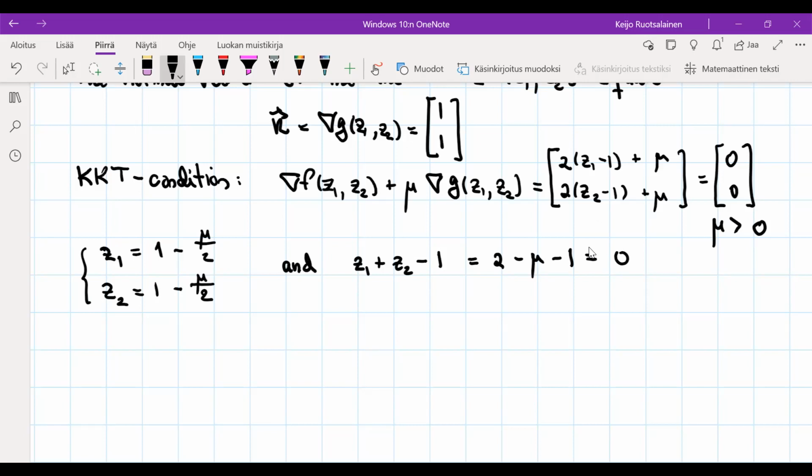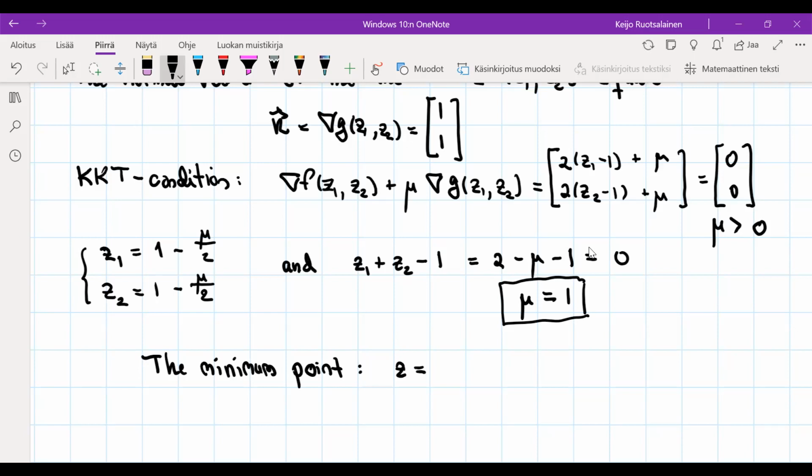So mu equals 1. And then we can solve the minimum point. It is 1/2 and 1/2.